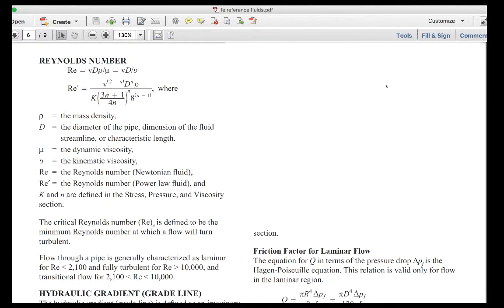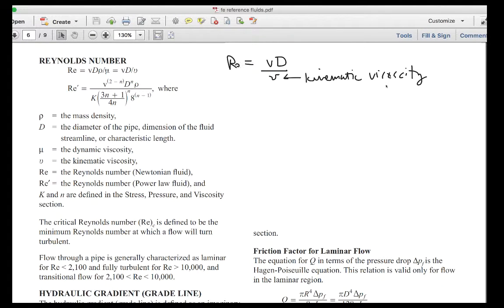We can see that the Reynolds number is written as equal to the velocity times the diameter divided by nu, or the kinematic viscosity. We have these terms, and we just need to plug them in.